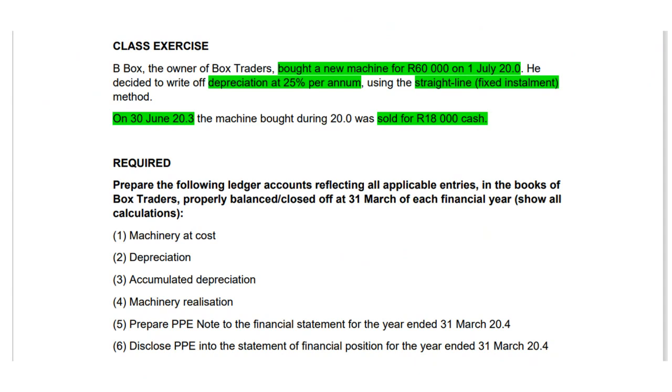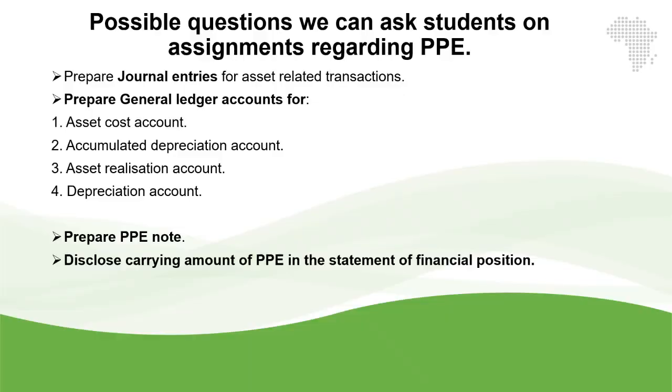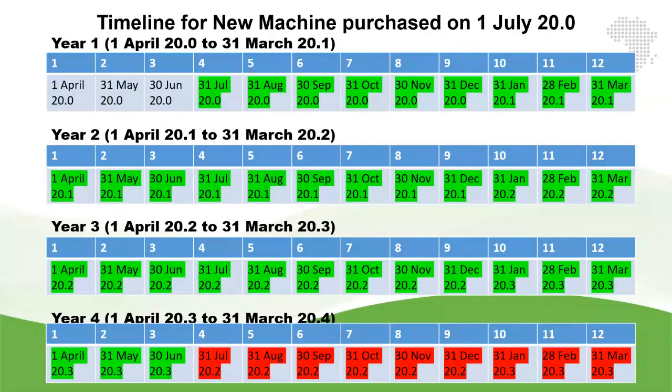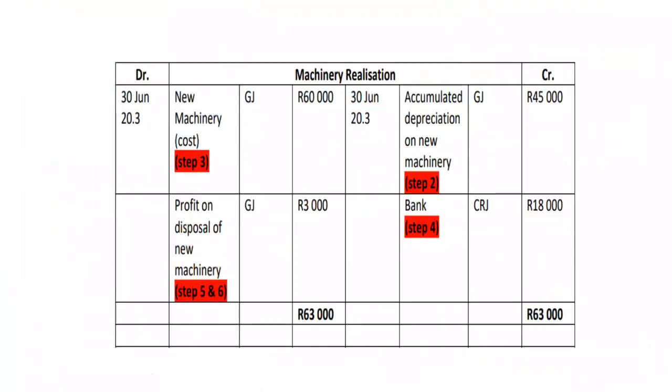On 1 April 20.3. We've already figured that one out. It started on 1 April 20.3, then it will end on 31 March 20.4. I think there's an error at the end there. It should be 20.4. Anyway, let's move on.